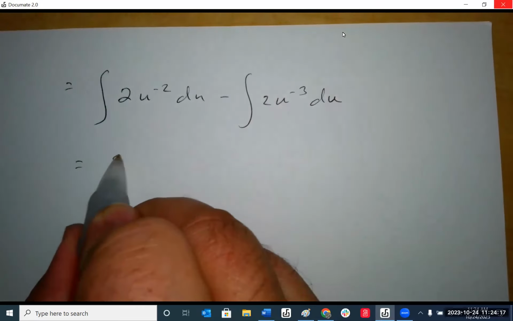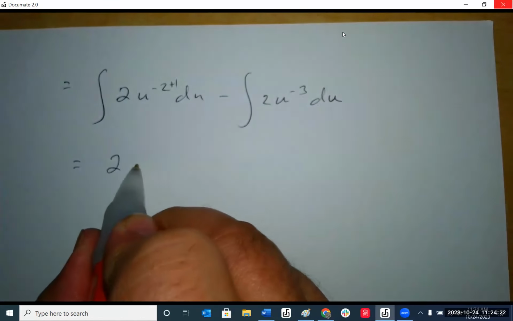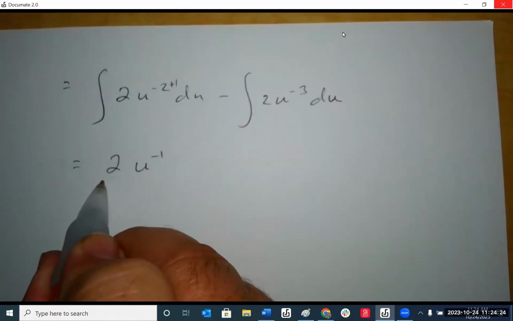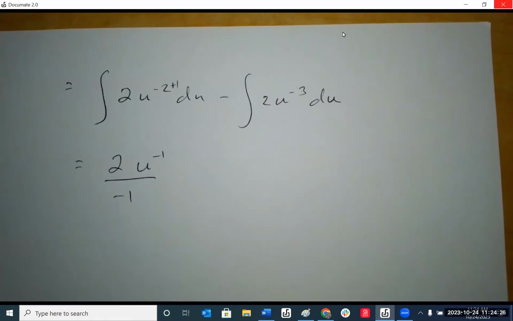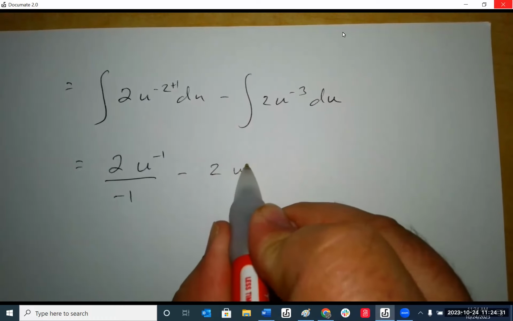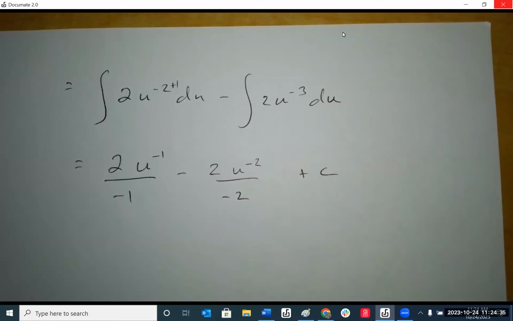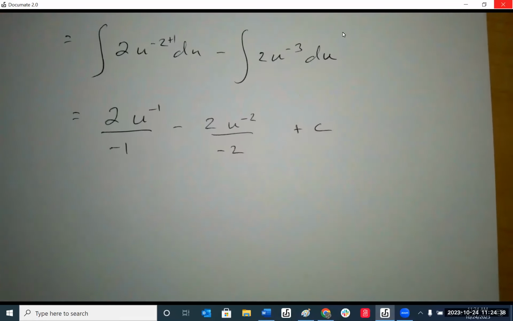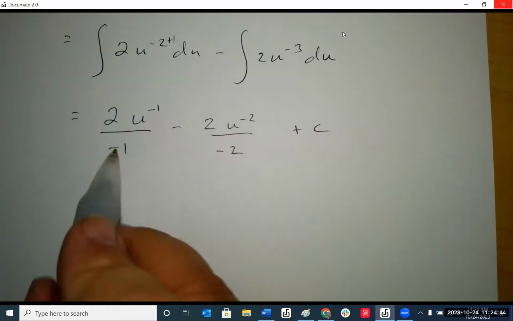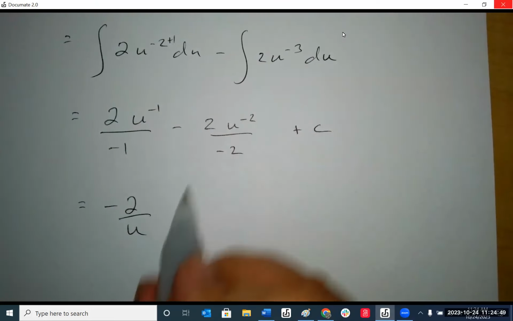The integral here would be add 1 over negative 1. That's where I messed up. So this becomes negative 2 over u.